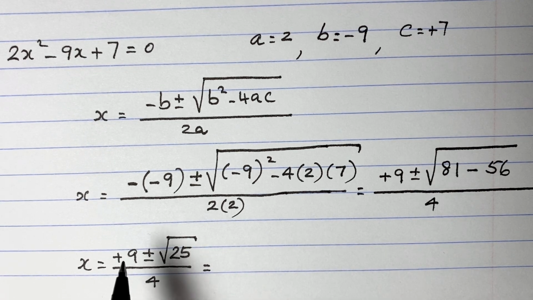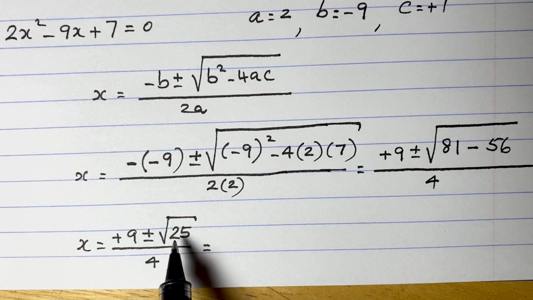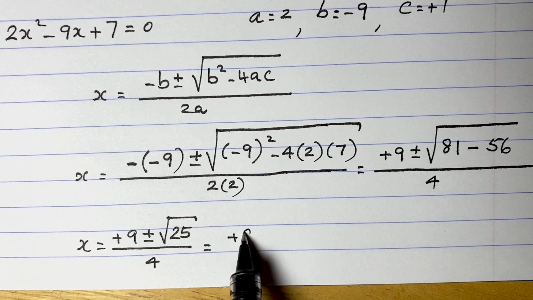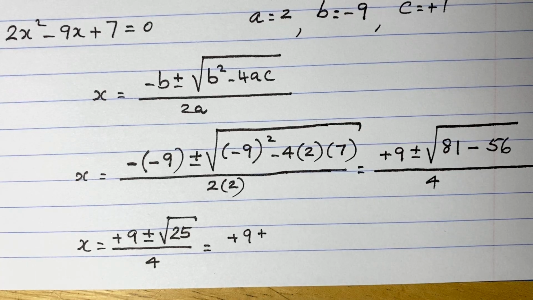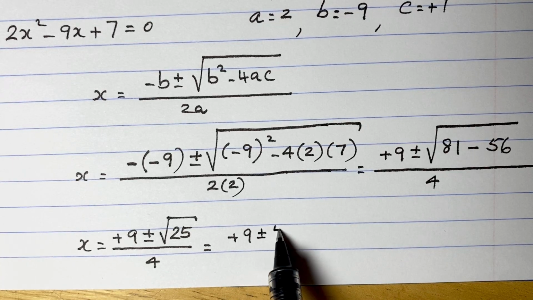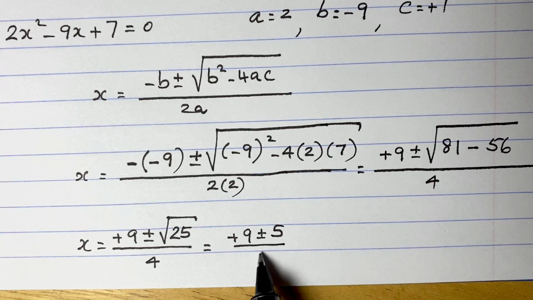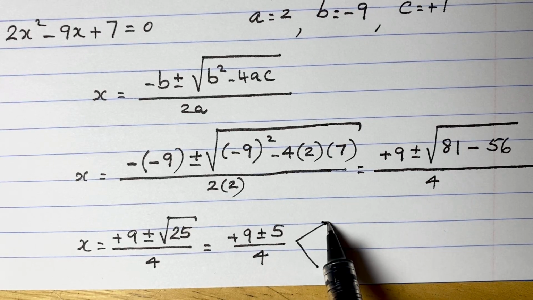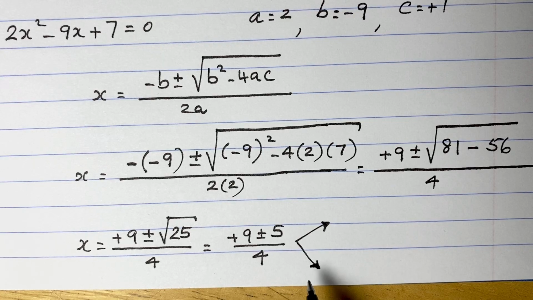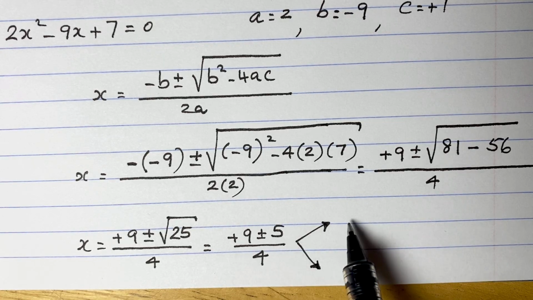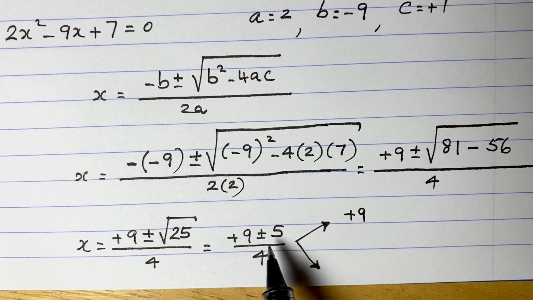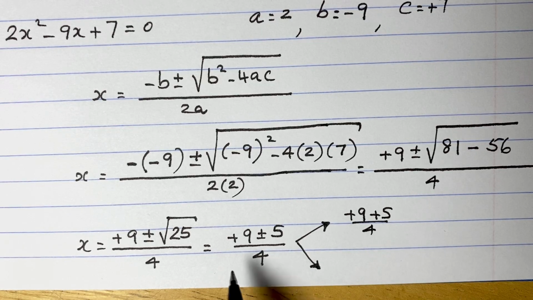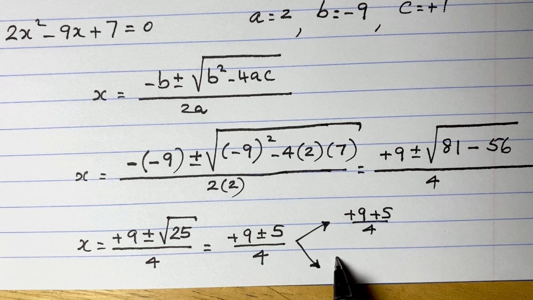Since this question was factorizable, you can see that this number will always be a square number. So plus 9 plus or minus square root of 25, which is 5. Two values now, once when you consider the plus sign, once when you consider the minus sign. So we have plus 9 plus 5 over 4 and plus 9 minus 5 over 4.